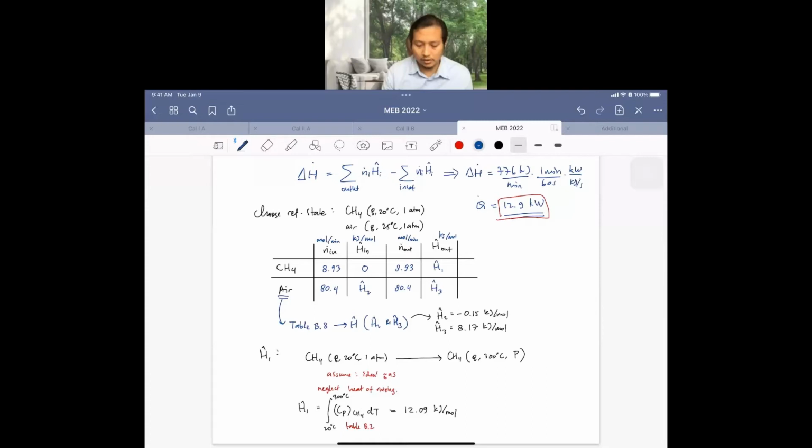Now, similar thing if you have several streams, basically what you are going to do is take the reference state, and then sometimes calculate the enthalpy through table B2 for the heat capacity, and sometimes you could also check, if you have a vapor, which means you have saturated or maybe superheated steam, tables B5 to B7 for the specific enthalpy.